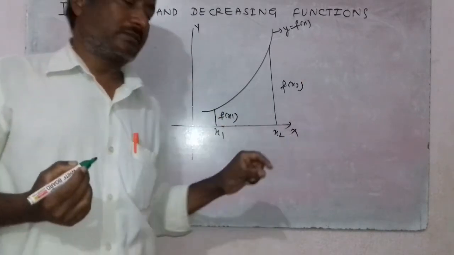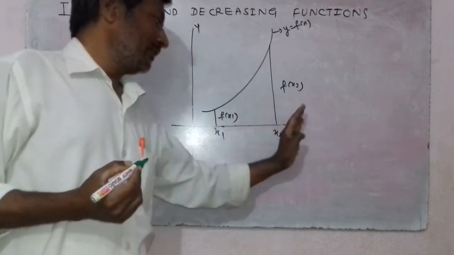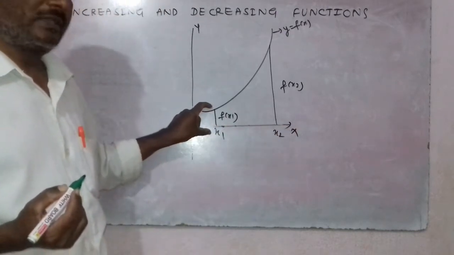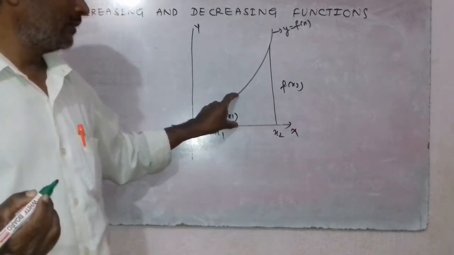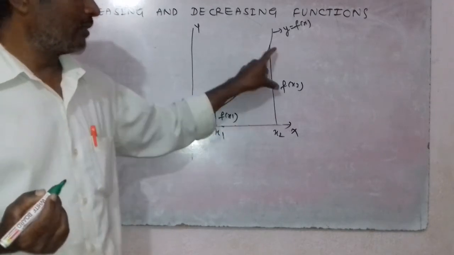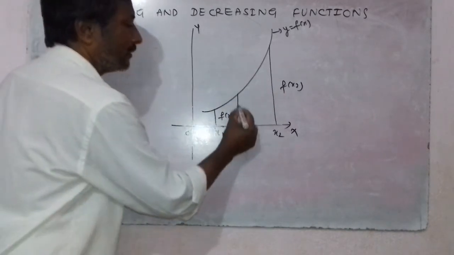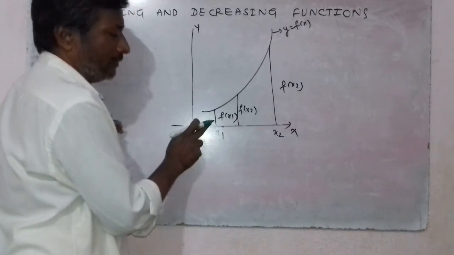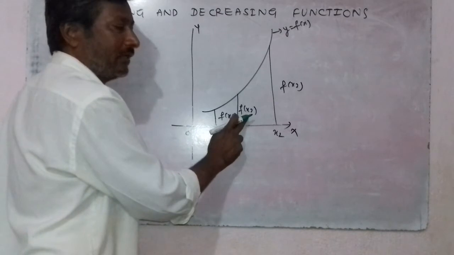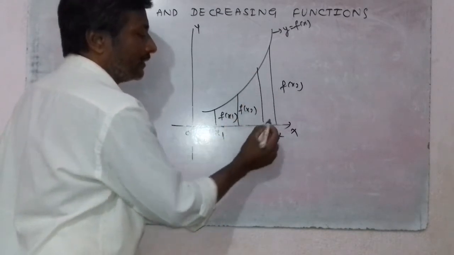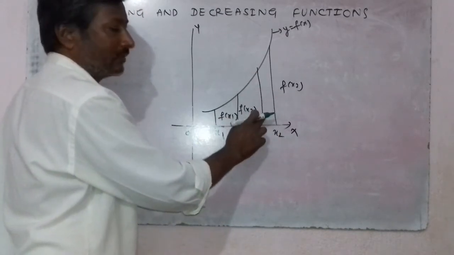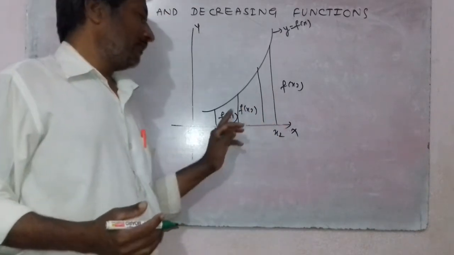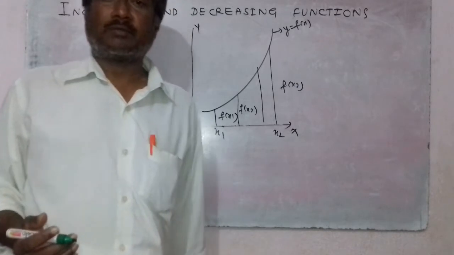At every stage, for x1 less than x2, f of x1 is smaller than f of x2. So for every x1 less than x2, f of x1 is less than f of x2.